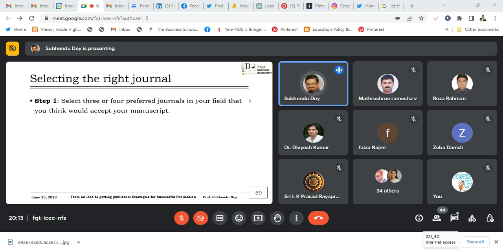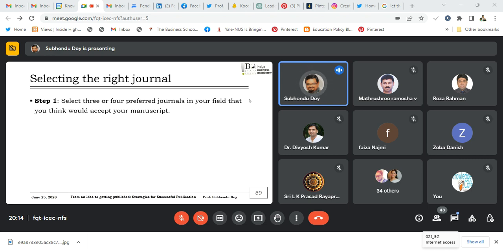When I say that you think would accept your manuscript, you know your manuscript, you know whether the scope of the functional areas that the journal caters to is a fit. You also know the strengths and weaknesses of your research paper.